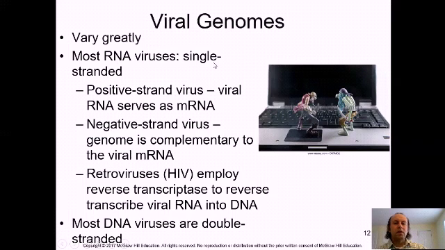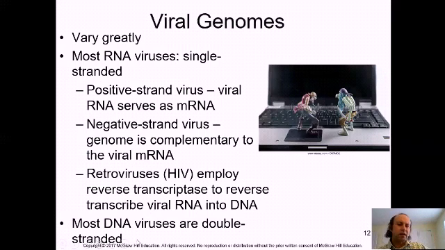Mostly the RNA viruses are single-stranded, and we have DNA viruses, most of which are double-stranded. Single-stranded means one thread of the nucleic acid chain. Double-stranded means the double thread.